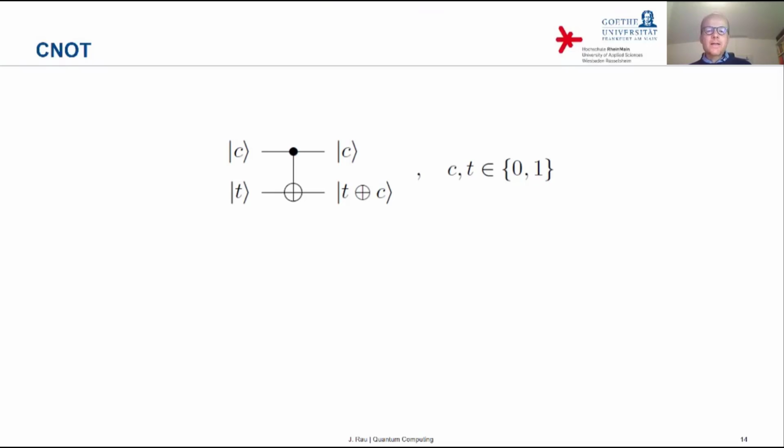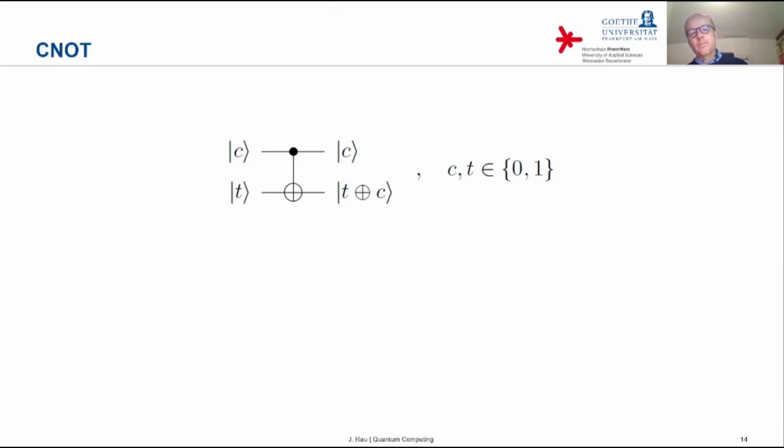And as long as the 2 input qubits are in standard basis states, so C and T are 0 or 1, the state of the control qubit does not change.